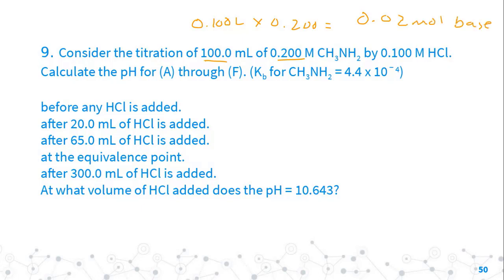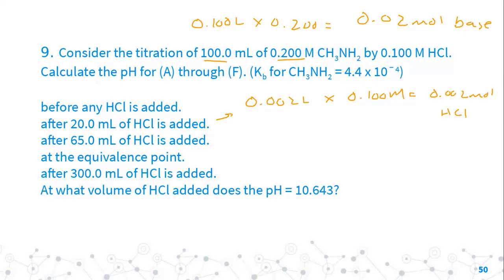I'm not going to write the whole thing out. And then for moles of acid, we have 0.02 liters of acid times 0.100 molarity of the acid. Gets you what? 0.002 moles of the acid, HCl.